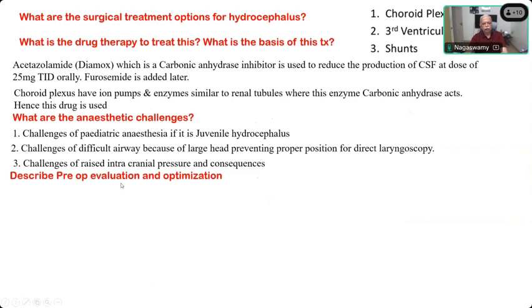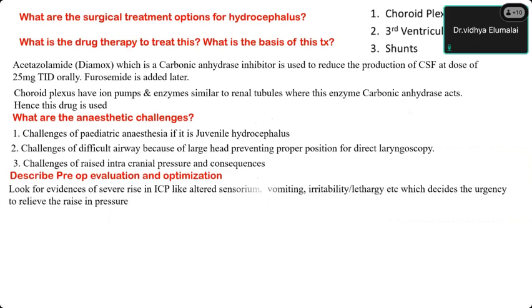Describe the pre-op evaluation and optimization. So we have to rule out any neurological deficit in the baby. Look for dehydration. Look for evidence of severe raised ICP like altered sensorium, vomiting, irritability, which decides the urgency to release the raised pressure.